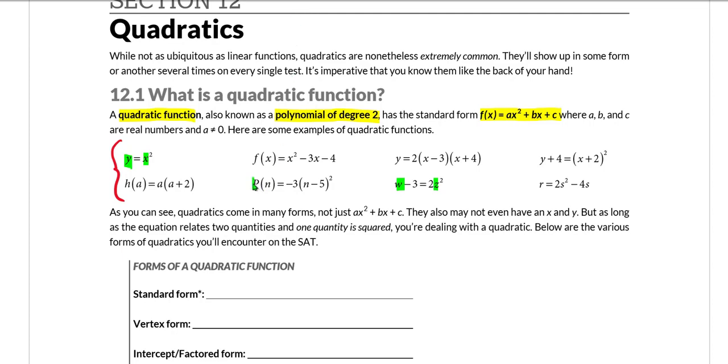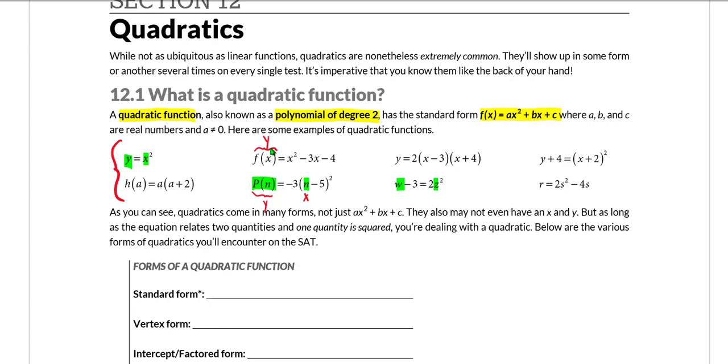Even when you see stuff like p of n and n, those really are two different variables. If you were graphing this p of n function on the xy coordinate plane, the n would be your x and the p of n would be your y. We should know that f of x notation, p of n notation, those are really just other ways of talking about the y coordinate when these functions are graphed.